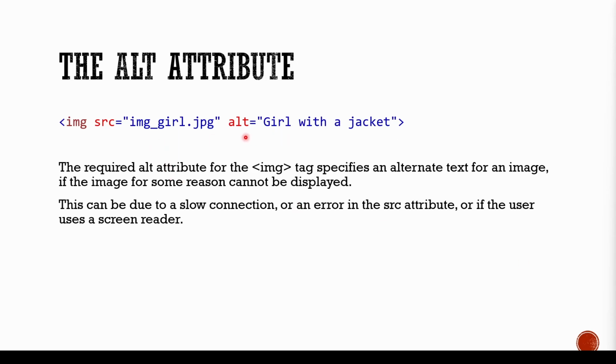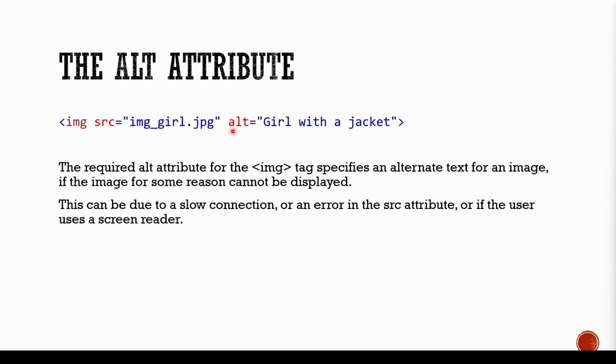And then we have alt. It must be present in an image tag. This required alt attribute for the image tag specifies an alternate text for an image, if the image for some reason cannot be displayed. Now, why can it not be displayed? Maybe because your user has a slow connection, an error, or if the user is using a screen reader.